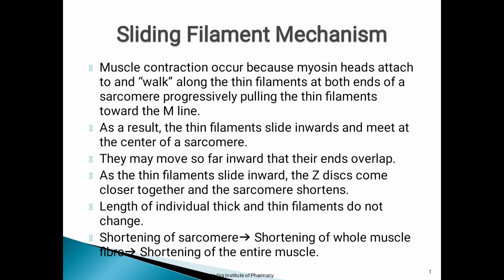In that previous class we stopped at muscle contraction, that is how calcium is released from the sarcoplasmic reticulum and then how the muscle contracts. So from that it starts with the sliding filament mechanism. We'll now see how the actin and myosin filaments contract.